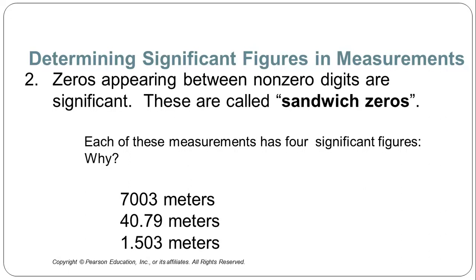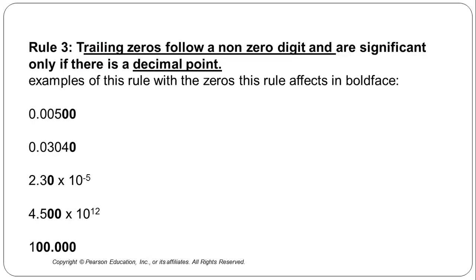Because there are two zeros between 7 and 3, so that is 7,003 meters. In the second example, 40.79 meters, there is also a sandwich zero between the 4 and the 79. The last example is 1.503, which also has a sandwich zero. So all of these are counted as significant figures.